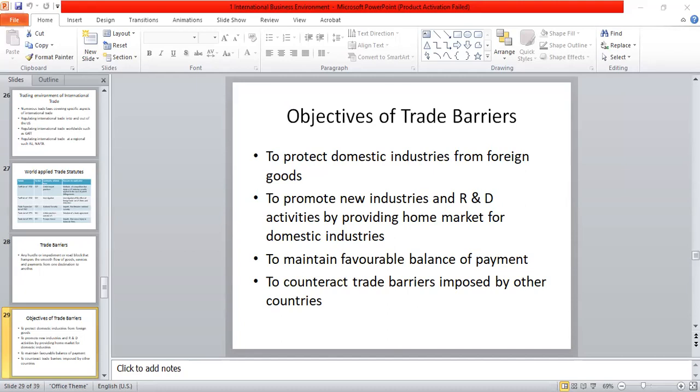What is the meaning of this? To counteract trade barriers imposed by other countries. Now, a country that is making a trade barrier, how do we counteract it? Counteract that particular barrier which is imposed by the other country.